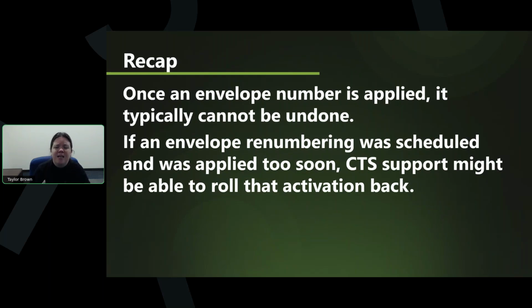In addition, if it has been scheduled and saved and automatically populated, there is a big possibility that if you reach out to us here in support, we can reverse that major overhaul and roll that activation back. You would still have all of those changes. They would just be scheduled for whatever the next day would be.